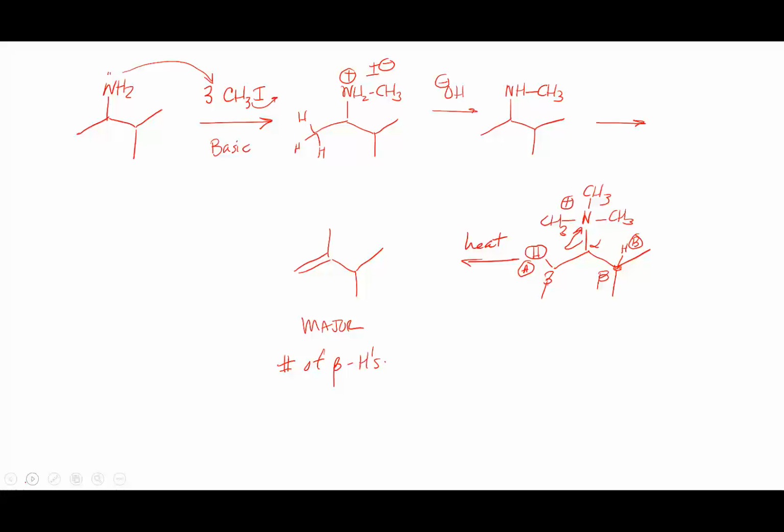So in this case, because I'm using heat and no base, I change the mechanism. And now our criteria for Hofmann elimination is which beta carbon has the most hydrogens. So that's the basis of Hofmann elimination.